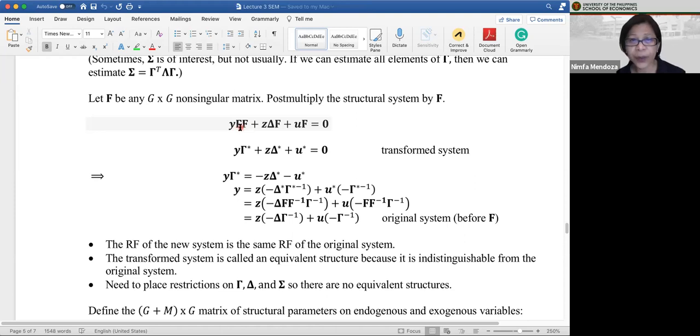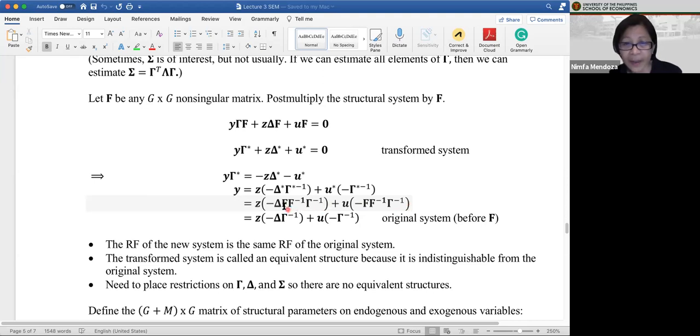When you're getting the inverse, you reverse the order. Then same thing here. You have U star. U star is UF. So I have U and an F here. And then lambda inverse star is F inverse gamma inverse.